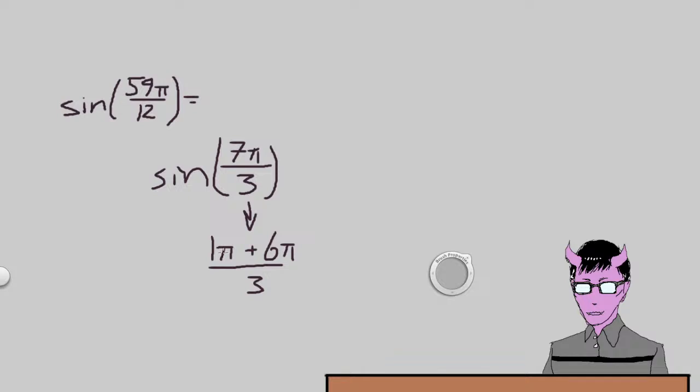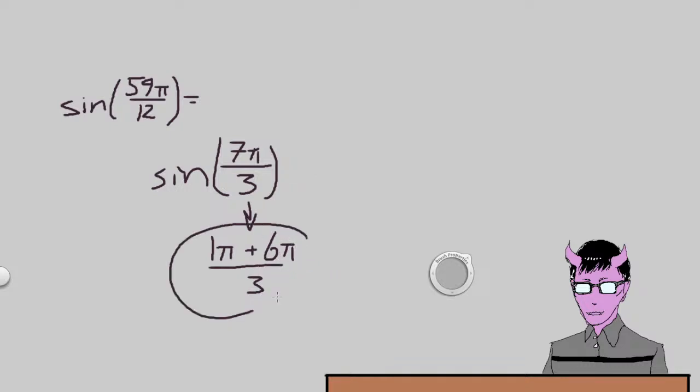You can split the 7 into 1 plus 6, and then this one is the reducible one, so therefore what we have left over is just a simple pi. So the problem pretty much devolves into sine of just pi. So that's the, pi over 3, I'm sorry, pi over 3. I forgot this is called partial fraction cancellation, which is illegal, so don't ever do that. That's very sloppy of me.